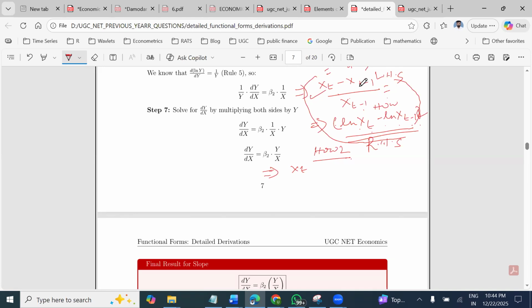Suppose I do some algebraic treatment over here. xt upon xt minus 1, minus xt minus 1 upon xt minus 1. So this is 1, and this is xt upon xt minus 1 minus 1. Now you tell me further.